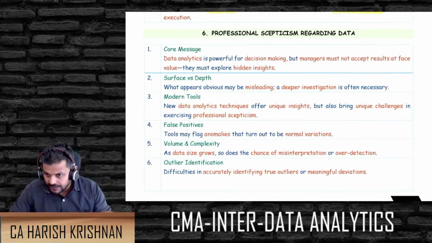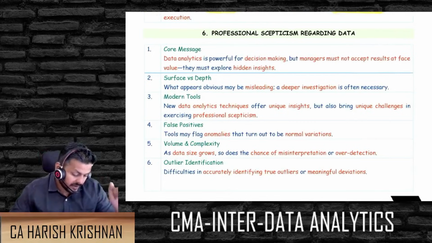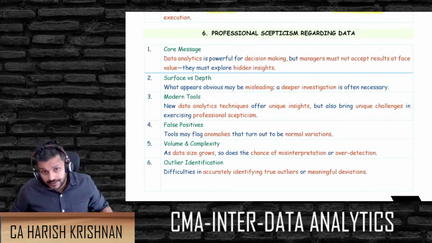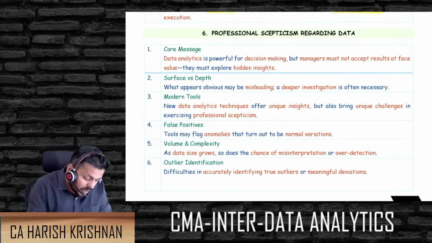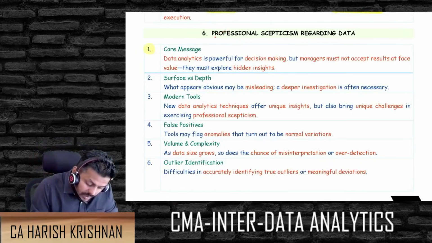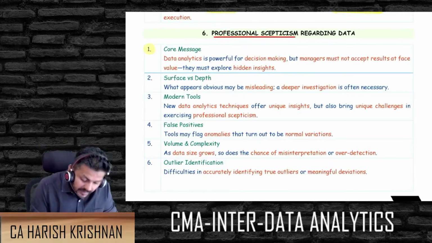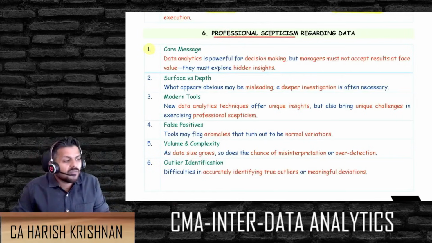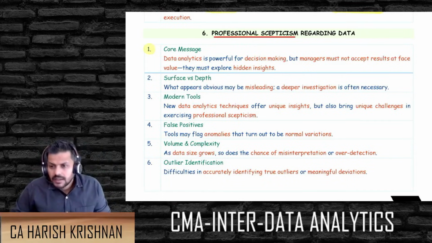Professional skepticism regarding the data. What is the core and the main message? So professional skepticism in this context normally is having a watchful eye, right? When we talk about professional skepticism in audit, it is about having a questioning mind.